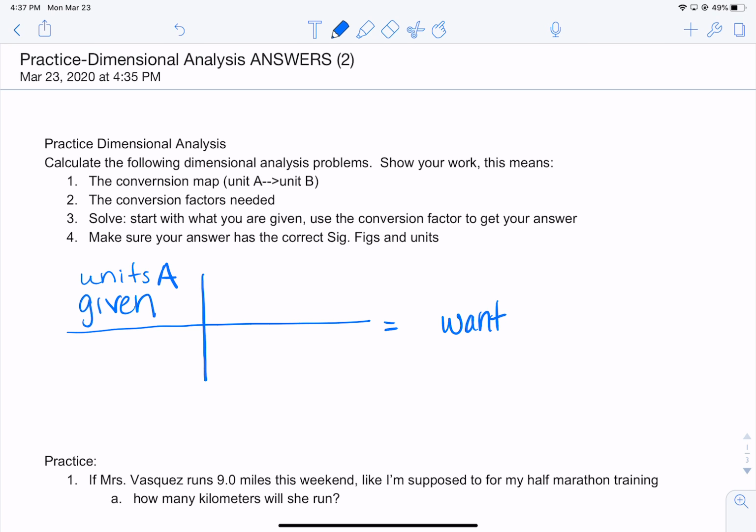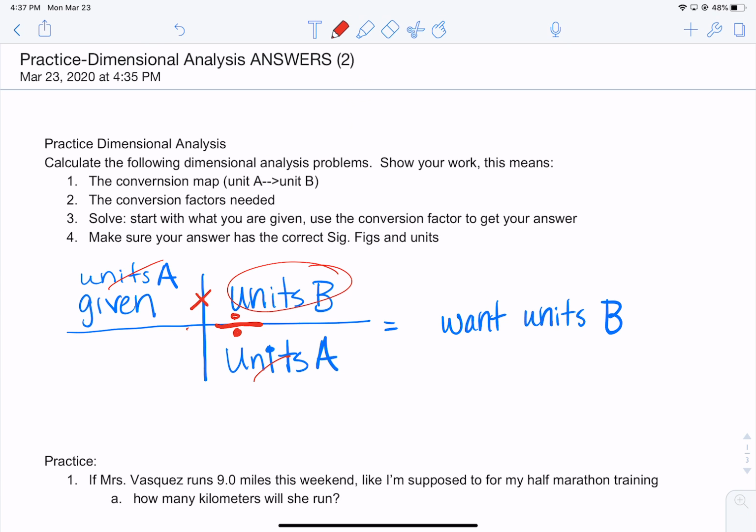And that would be in units B. And then you get a conversion factor, comparing units A to B, and you want units A on the bottom, so it cancels, because the math that's going on here, this is multiplying, and then this line right here, this is a big division. So if you had units A over units A, they'd cancel, right, and you'd be left in units of B.